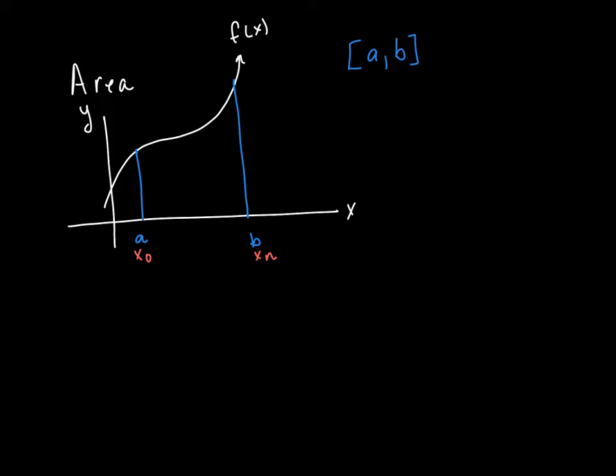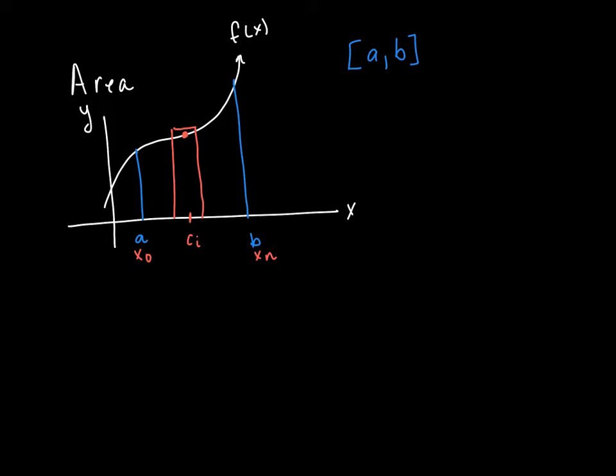So we had some interval that we made a rectangle for, right? And in this case, we're going to use the midpoint because that was the most accurate. Whatever this value inside here is, we're just going to call that c_i.